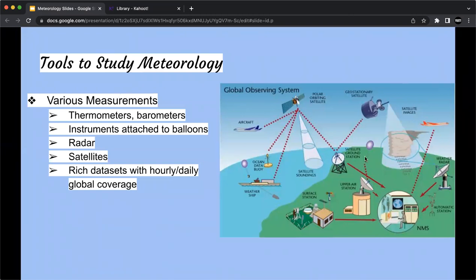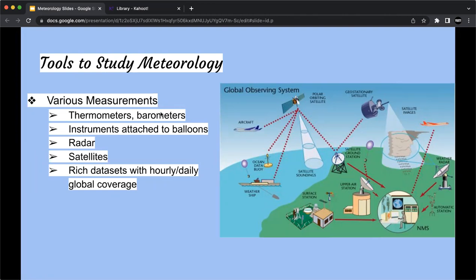We also have instruments attached to balloons. One such is called a radiosonde. Because they're attached to balloons, they will ascend into the atmosphere, and then they can measure the pressure, the temperature, and humidity.